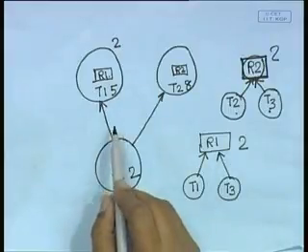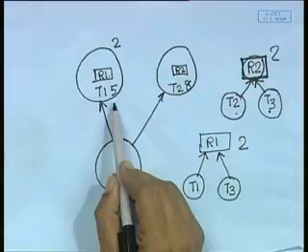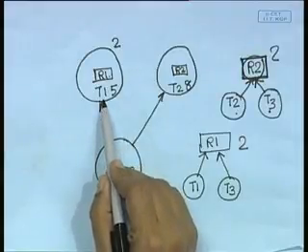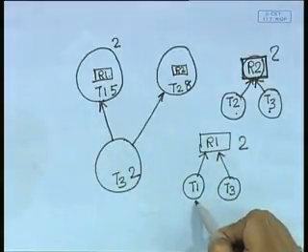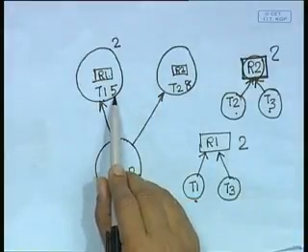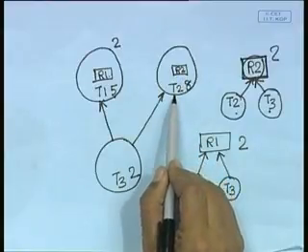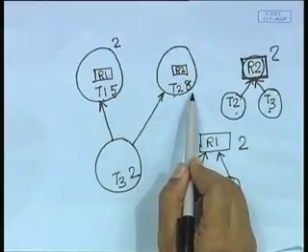Now, we are assuming a situation where R1 is held by some task, T1, whose priority was 5, and R2 is being held by T2, whose priority is 8, right.